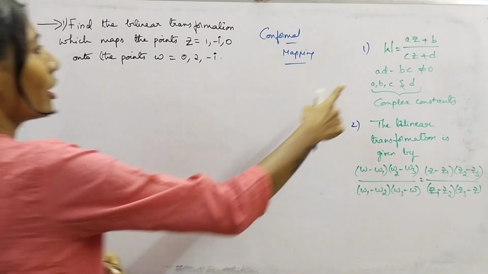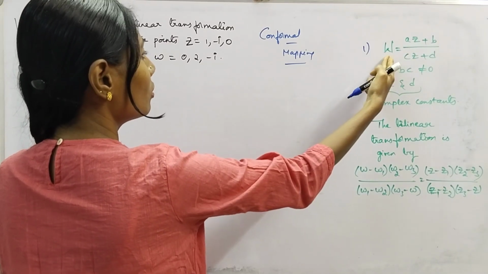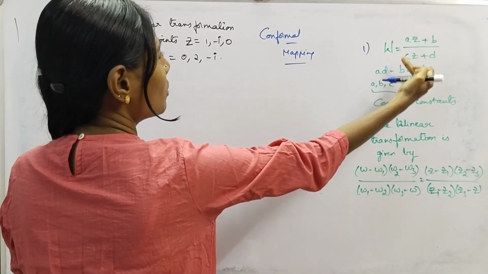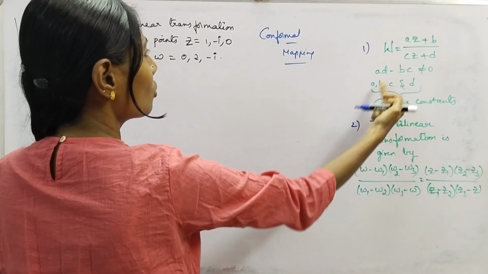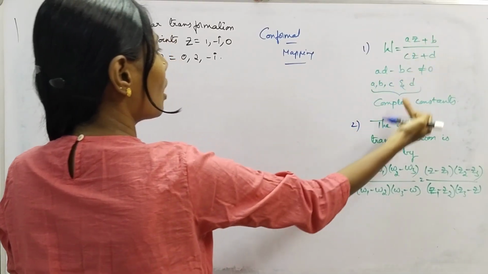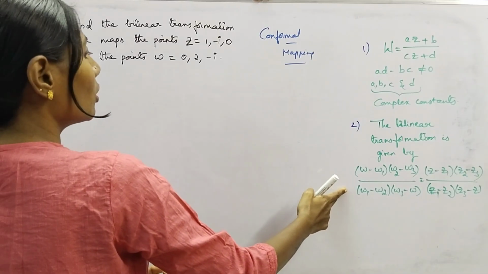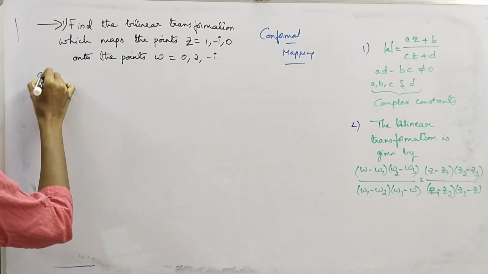A transformation omega equal to (az + b) by (cz + d), where ad minus bc is not equal to 0, and a, b, c, d are complex constants, is called a bilinear transformation. This is the formula we'll be using to find the bilinear transformation. Okay, let's begin.